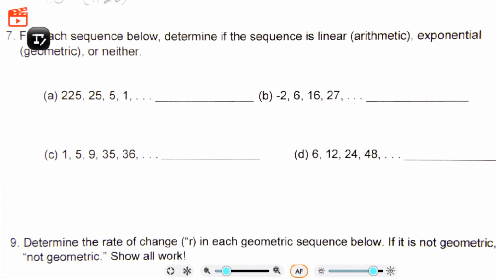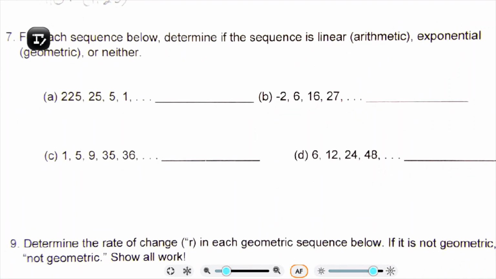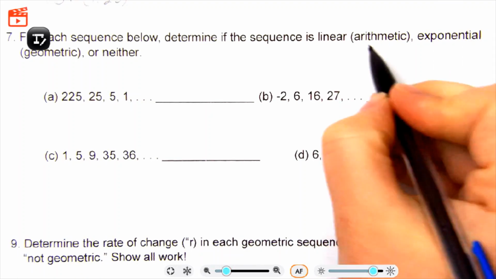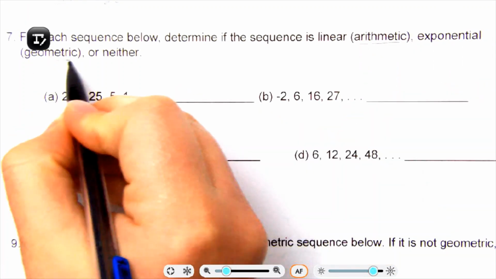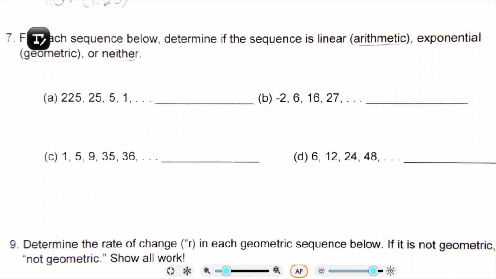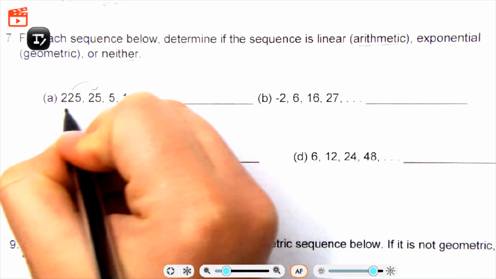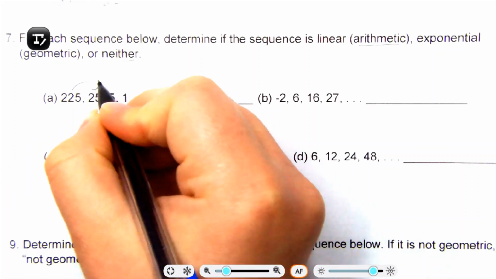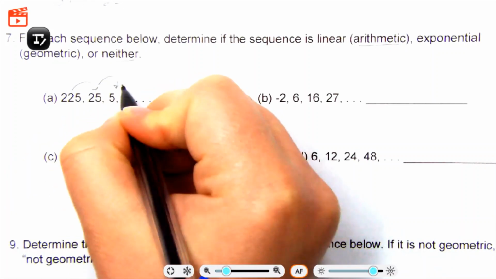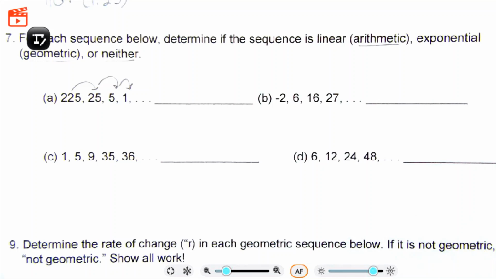Number 7. For each sequence below, determine if the sequence is linear, which is arithmetic, or exponential, which is geometric, or neither. So we're identifying the pattern. What's the pattern? From 225 to 25, from 25 to 5, from 5 to 1. Let's see what our pattern is.